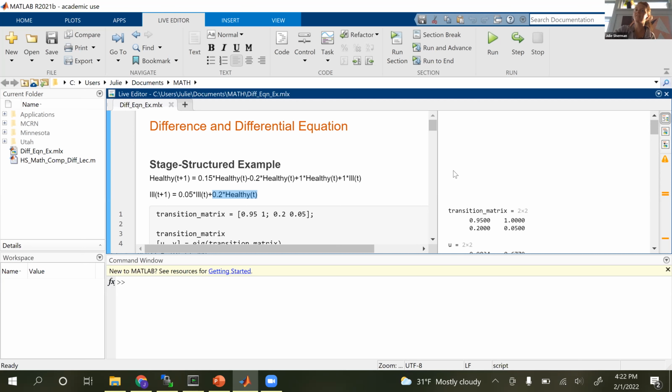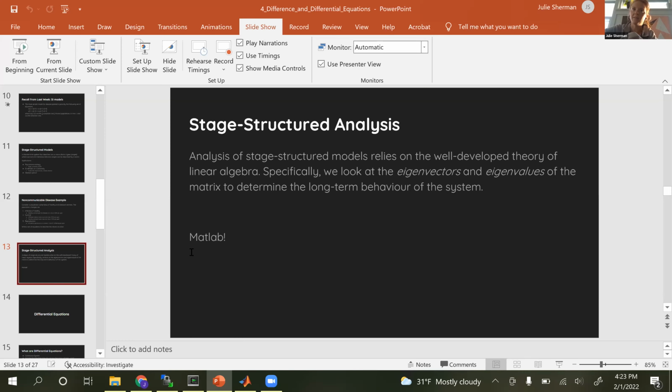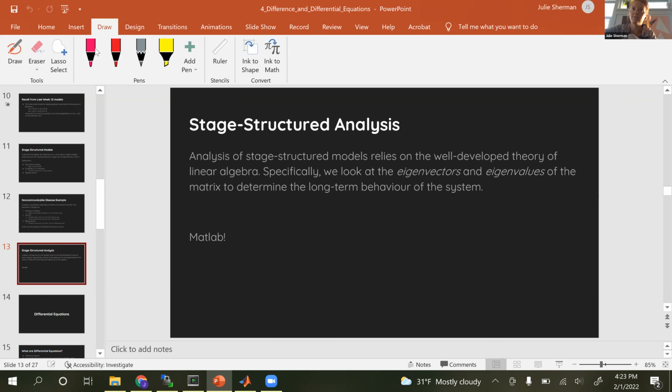And then we have our survival and our reproduction. So we can write this as a matrix. Hopefully you will agree, if I were to collect all of the healthy terms, the coefficients would add to 0.95. So that's why we have that in the first category. Okay, I'm actually going to write this out maybe before going back to MATLAB. I'm sorry, I'm kind of back and forth right now.